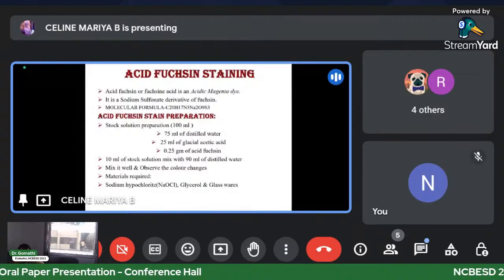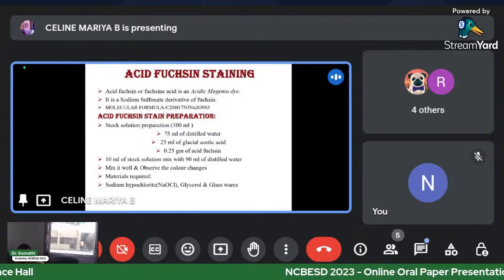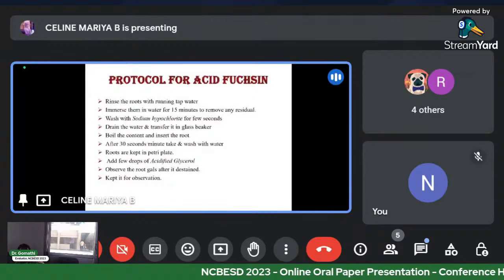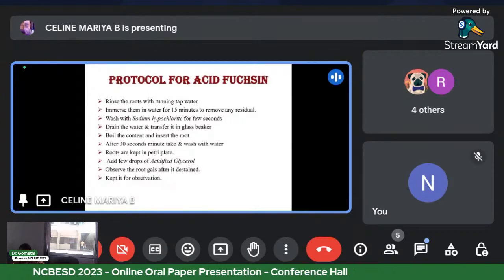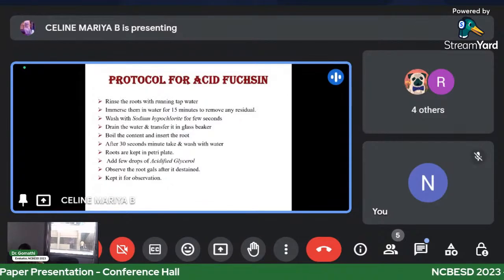The roots are first washed with sodium hypochlorite, inoculated in acid fuchsin for 30 seconds, removed, and washed with distilled water to remove more stain if it occurs.